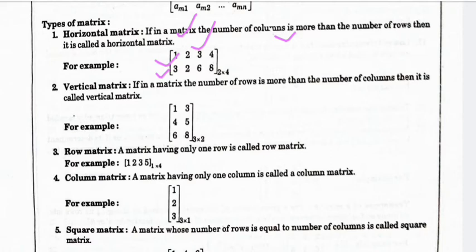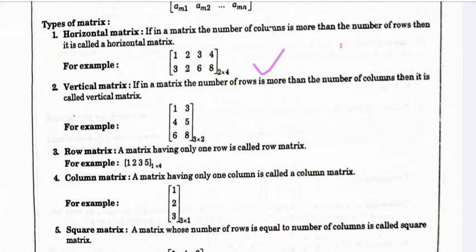Now come to the next type of matrix, that is the vertical matrix. If in a matrix the number of rows is more than the number of columns, then it is called a vertical matrix. It is the inverse of the horizontal matrix.